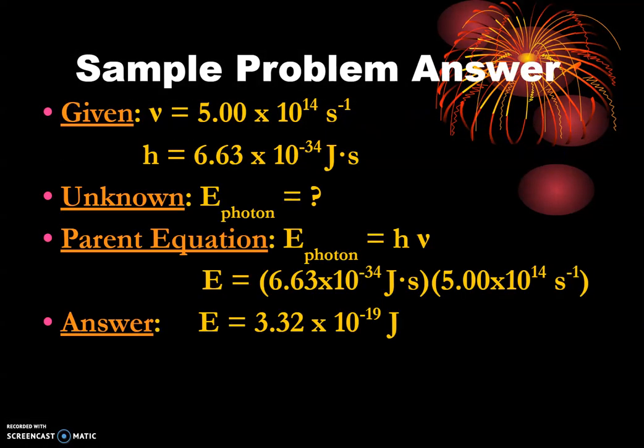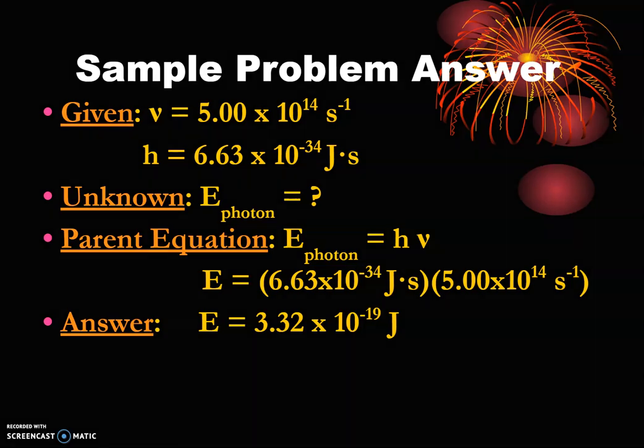So, like the other slides, here it is all typed out for you in case you can't read my chicken scratch. I'm sorry, everyone. But we are given the frequency here of 5 times 10 to the 14th. Our constant is 6.63 times 10 to the negative 34th. And we are plugging into E equals hf.